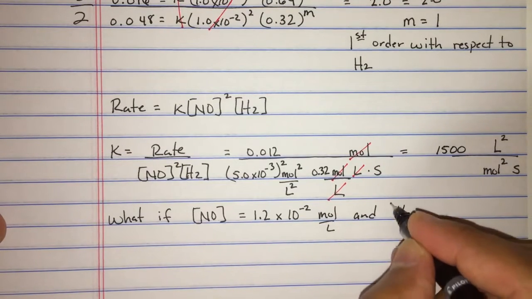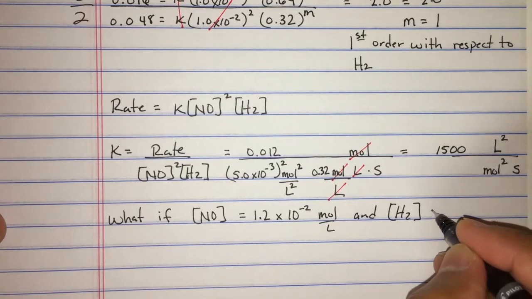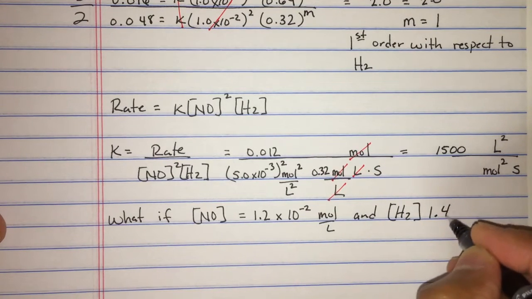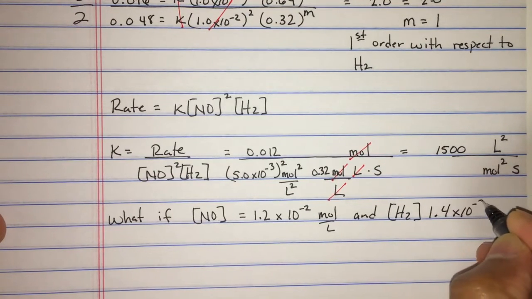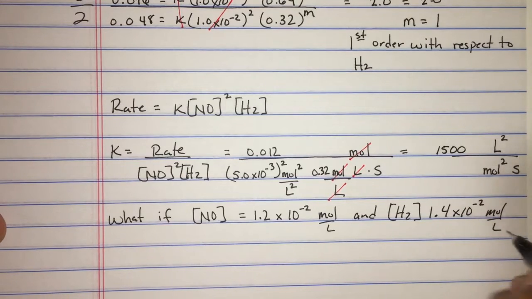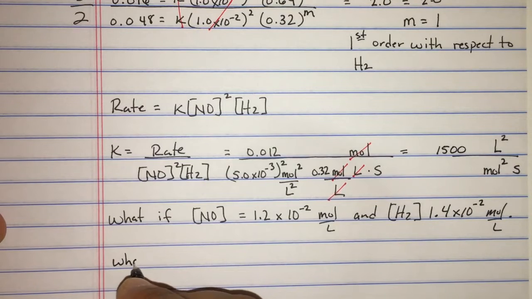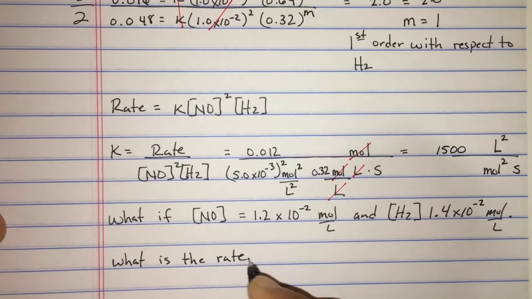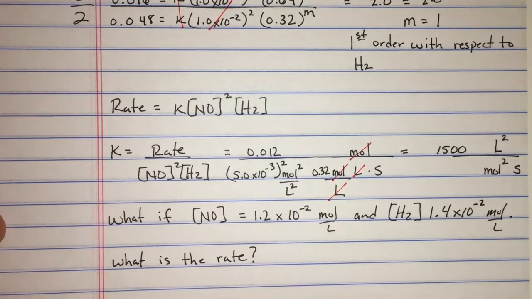And hydrogen is 1.4, 10 to the minus 2 mole per liter. What is the rate?